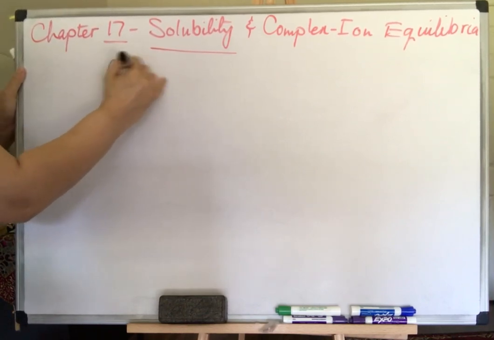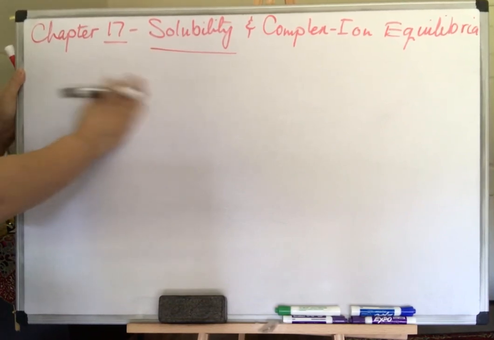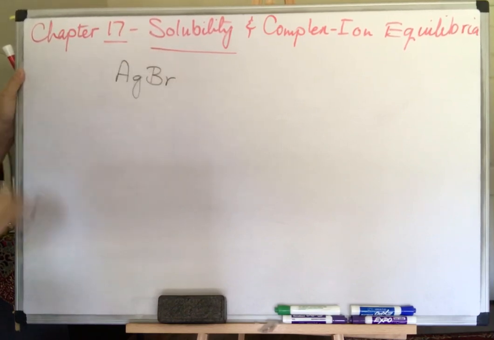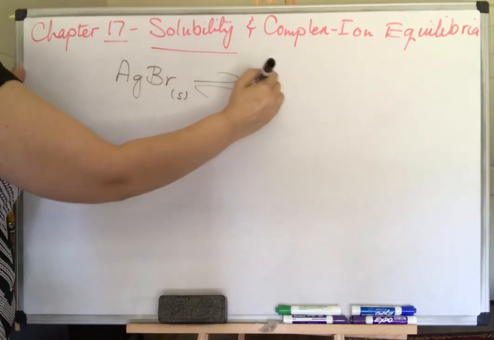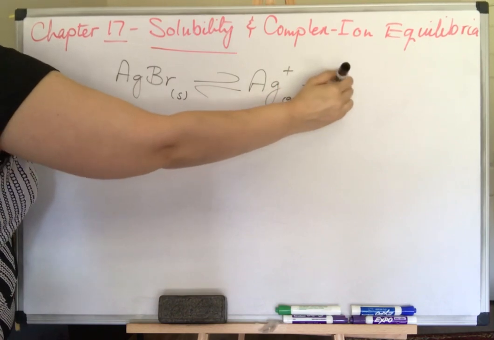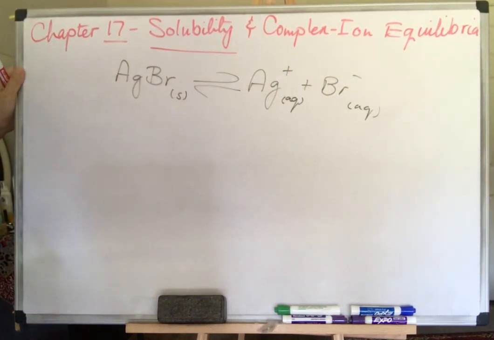So we have AgBr, the silver bromide, and it's solid, so it changes to Ag+ and Br-, no coefficients, and we're working on slide number 11.